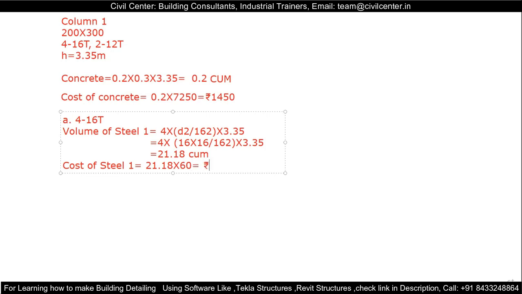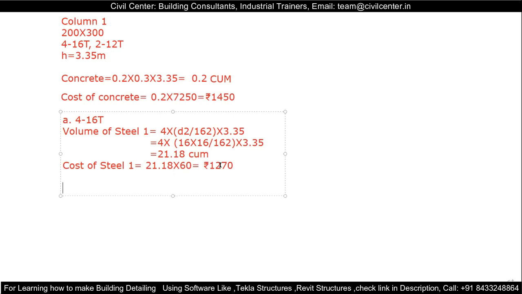Now that will give us the result. So let's make it 21.18 into 60. So it's 1270. So we will write it 1270 over here.